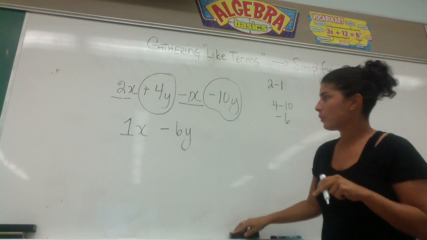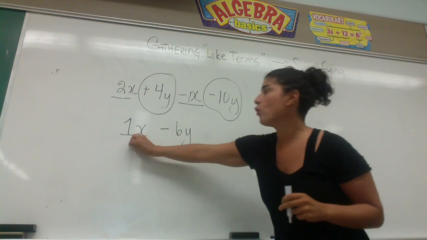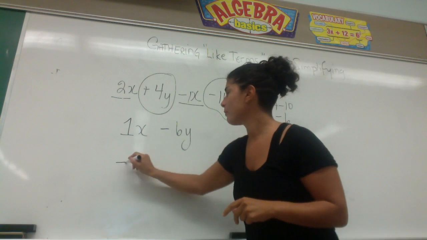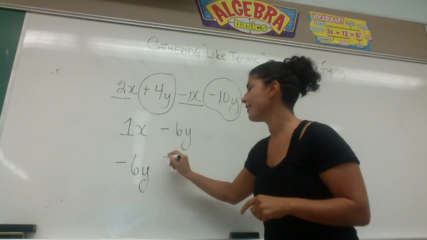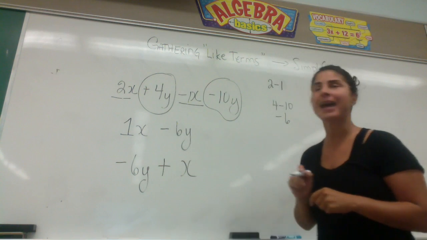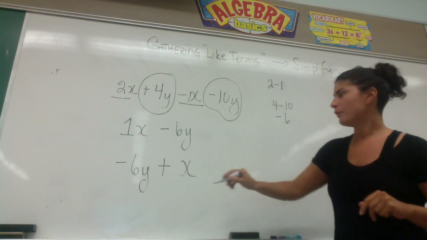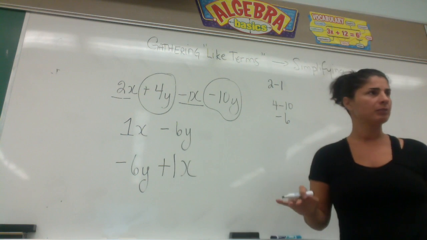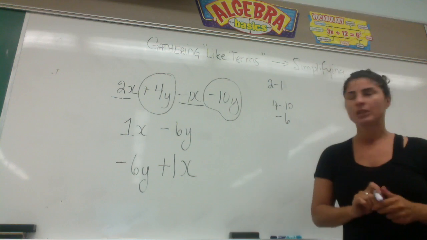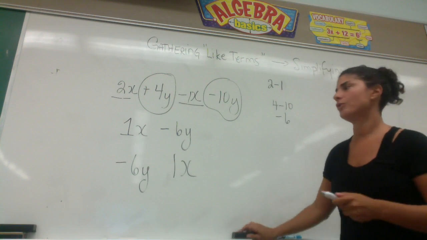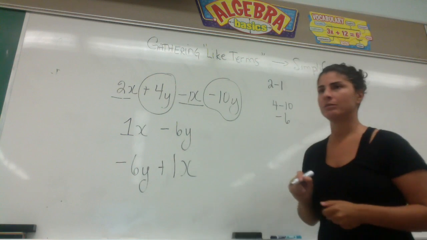Now what I am going to tell you is that the order doesn't matter. So some of you might give me -6y first and then the plus x next. And that's perfectly okay. Some of you might put a 1. Perfect. Am I allowed to do this? No. You must have the plus between.